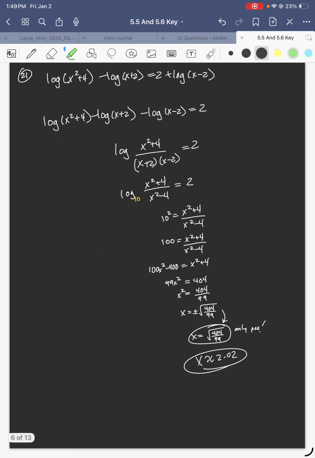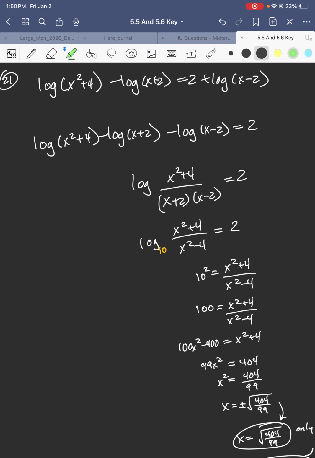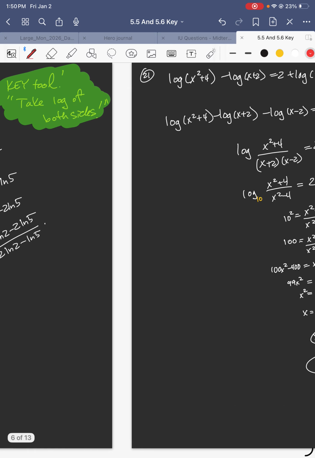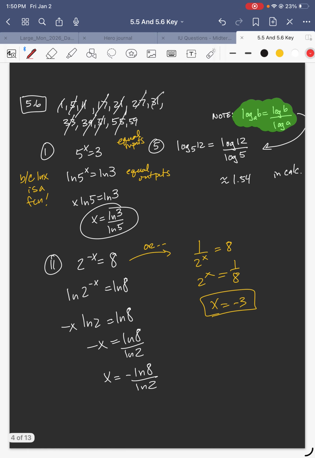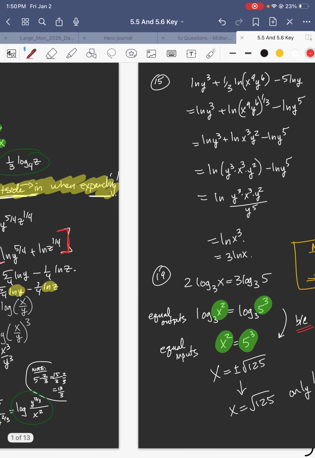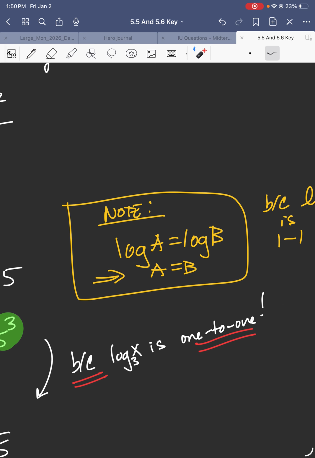All right. This one also is super interesting. Same sort of deal though. Notice it's so similar to what we did before. The two tools that we've seen so far in this section, or at least 5.5 and 5.6: one tool said if you've got the log of A equal to the log of B, then A must be equal to B, because it's a one-to-one function.